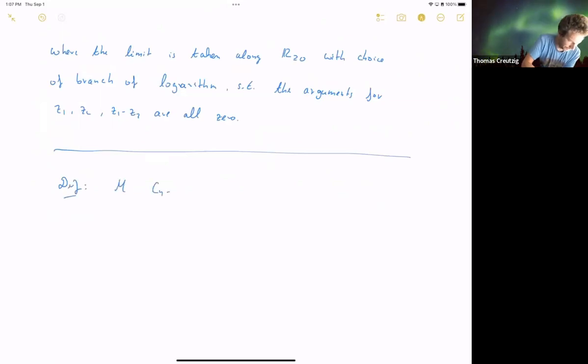the main property we need: Cn cofinite modules, C1 and C2 cofinite modules.